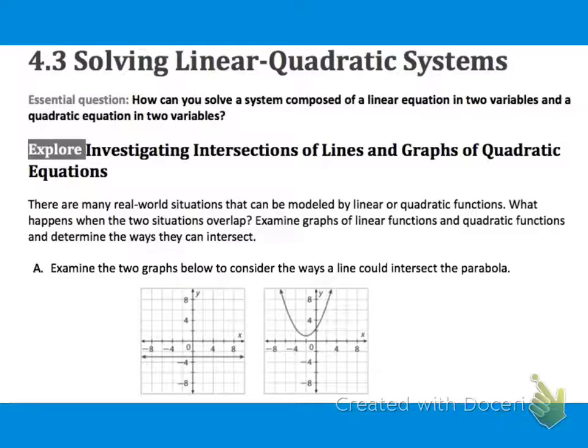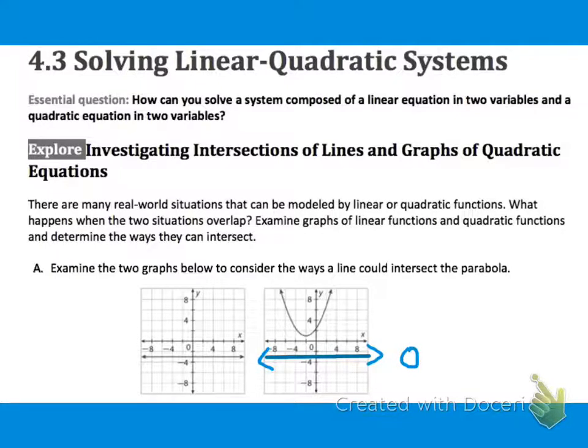Now, first of all, the linear graph is actually a graph of a constant function. It's a horizontal line. So let's say I were to merge these graphs together, and let's say I shifted that line up or down. Where it is currently, it could intersect in 0 places, right? So this would be 0 solutions.